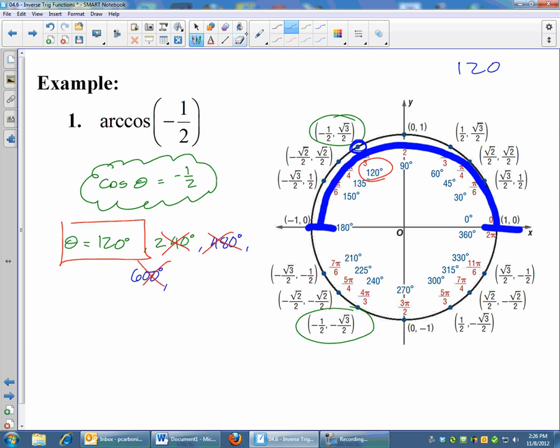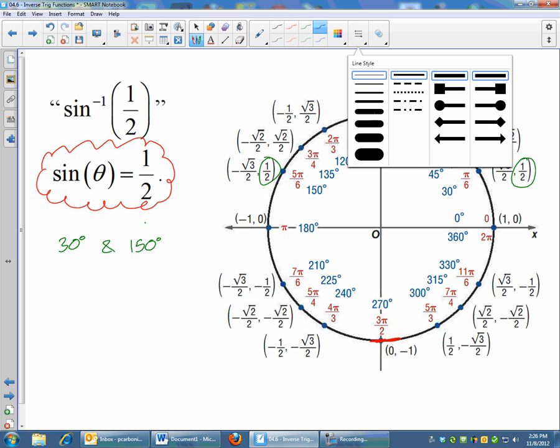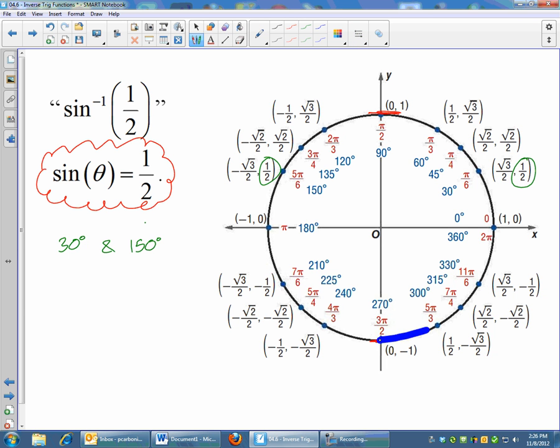Let's go back and think about inverse sine. That's the problem we're working on right here. Remember, sine is your y-coordinates. If I'm answering a question about the y-coordinates, I know my lowest y-coordinate is -1 and my highest y-coordinate is +1. I can hit every single one of those y-coordinates on the right half of the circle.